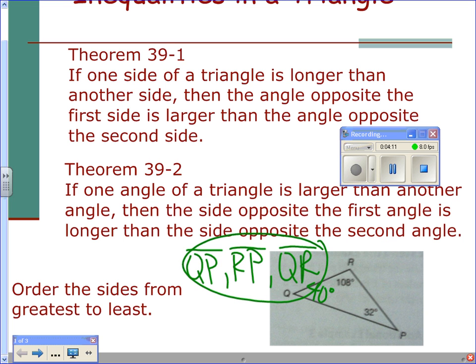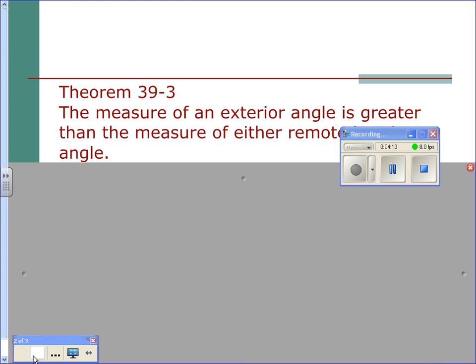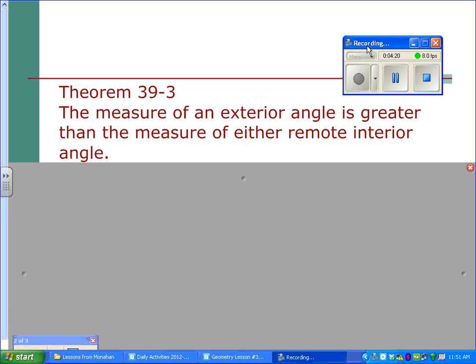Any questions here? Okay. Looking at theorem 39.3. The measure of an exterior angle is greater than the measure of either remote interior angle.